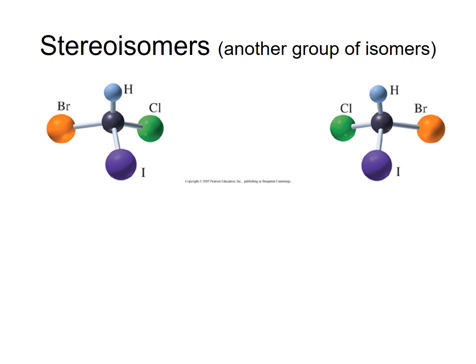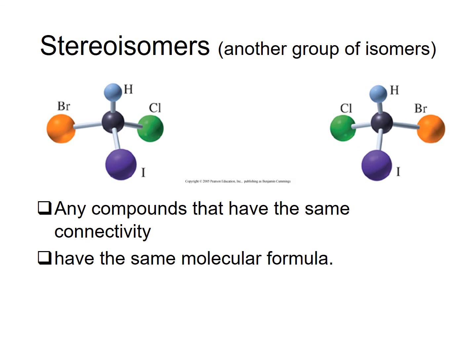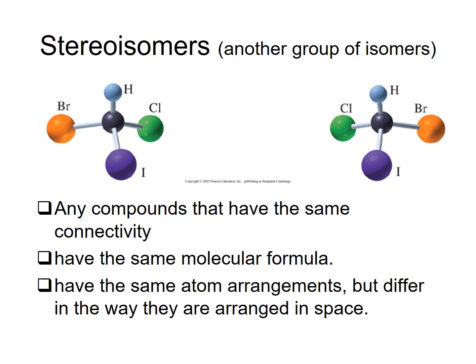One is actually a mirror image of the other. Compounds that have the same connectivity and same molecular formula, but differ in the spatial arrangement of the atoms, are stereoisomers. The left molecule is a mirror image of the right, but they're not identical.